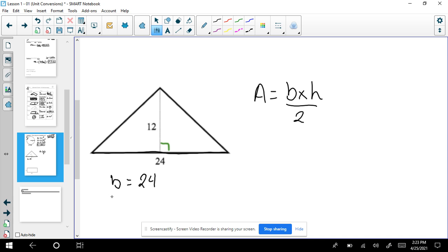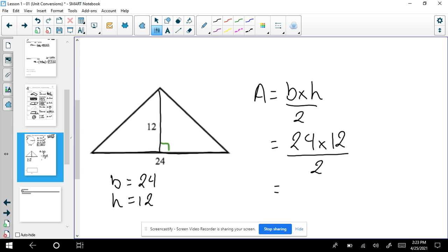And my H, my height of this, is 12. So I now take this information and plug it into my given equation. So I would put in my b, my 24 times 12, all divided by 2.